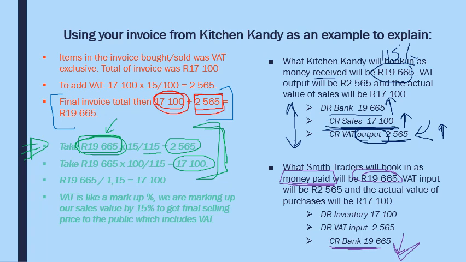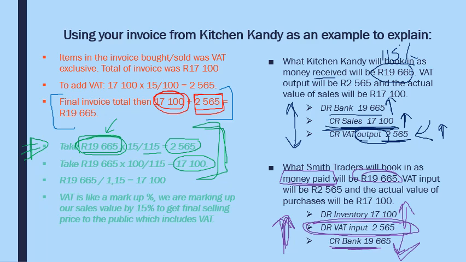So 15% of the 115 percentage, that is 19,665, which is 2,565, they can get back. It's VAT input. They can claim it back. It is an asset. It does make sense that we debit it. And the rest, the value of our inventory, is actually 17,100. Okay, we debit the asset that we just bought.